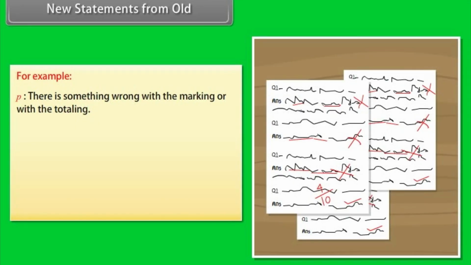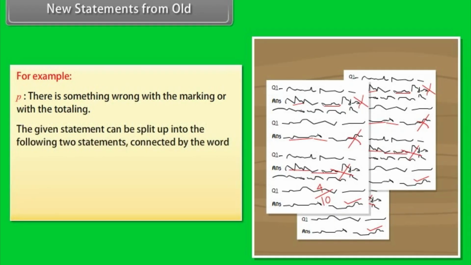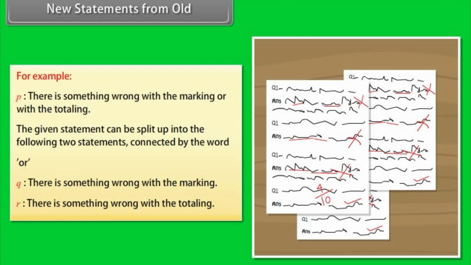The above statement tells us that there is something wrong in the marking by the examiner, or there is something wrong in the totaling. The given statement can be split up into the following two statements, connected by the word or. q is a statement that there is something wrong with the marking. r is a statement that there is something wrong with the totaling.